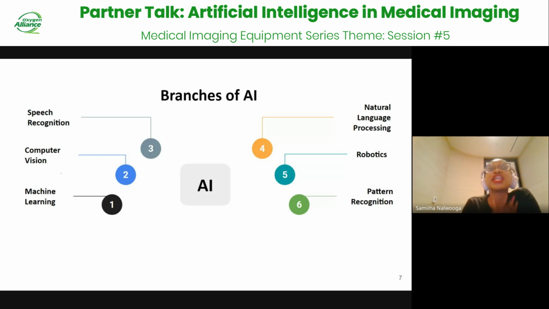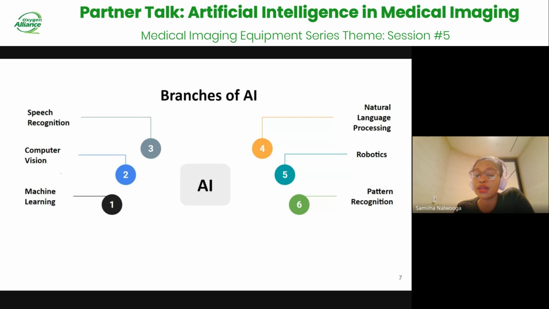Machine learning is the ability of a machine to learn patterns in data based on experience, rather than you programming it to do so. Like I said, AI mimics the cognitive abilities of learning and solving problems. So it's able to learn patterns in data, then make predictions based on experience without you explicitly having to program it.